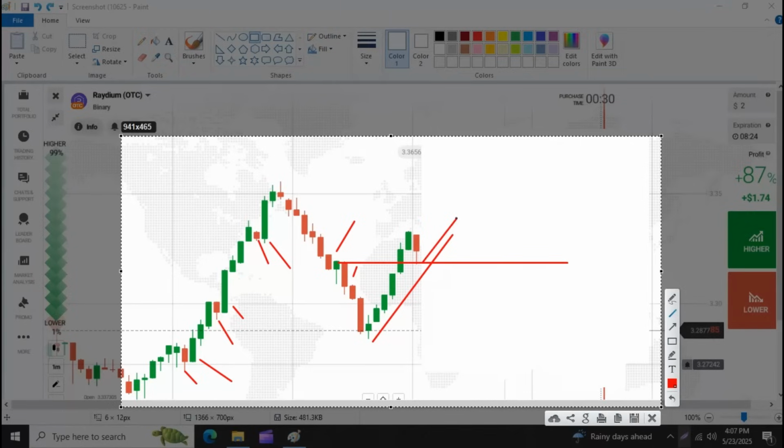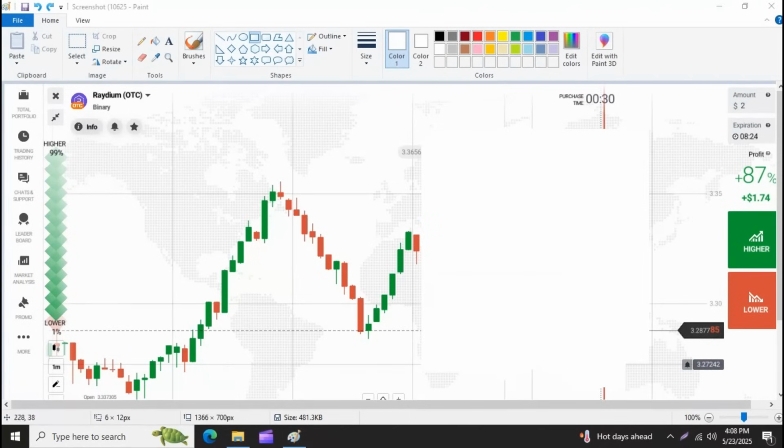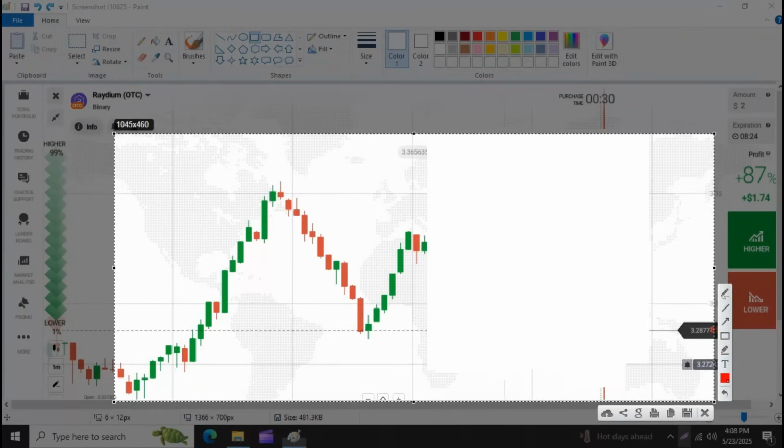Okay, retested weak successfully, so easily buyers will enter. So try to continue. Okay, now again we got a buyer's candle, and up to this level, which is a seller's area previously entered, there is still a gap.